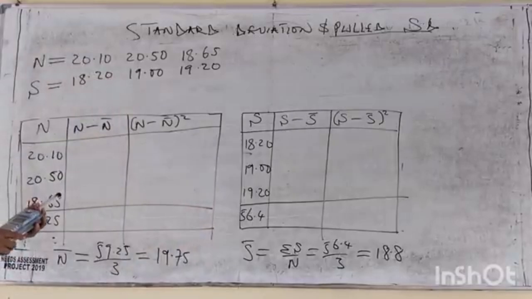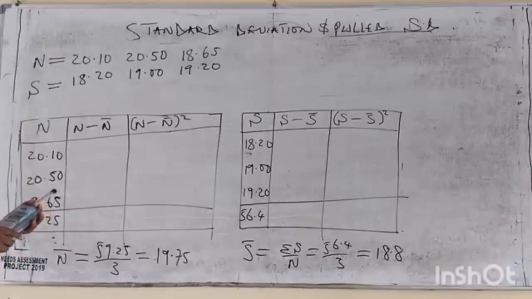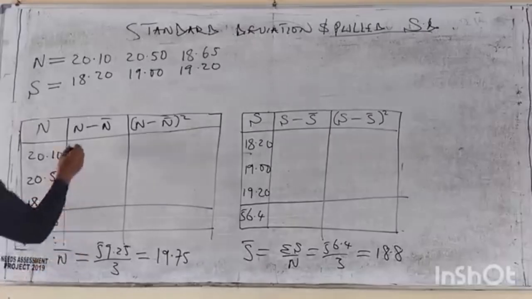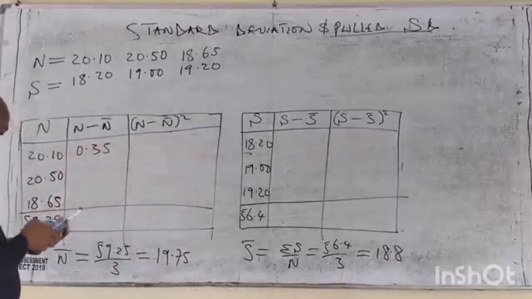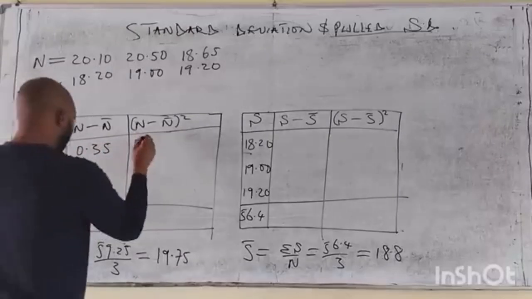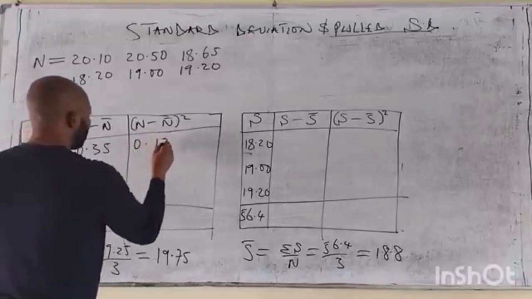Quickly, 20.10 minus 19.75 is equal to 0.35. Square that and we have 0.1225.